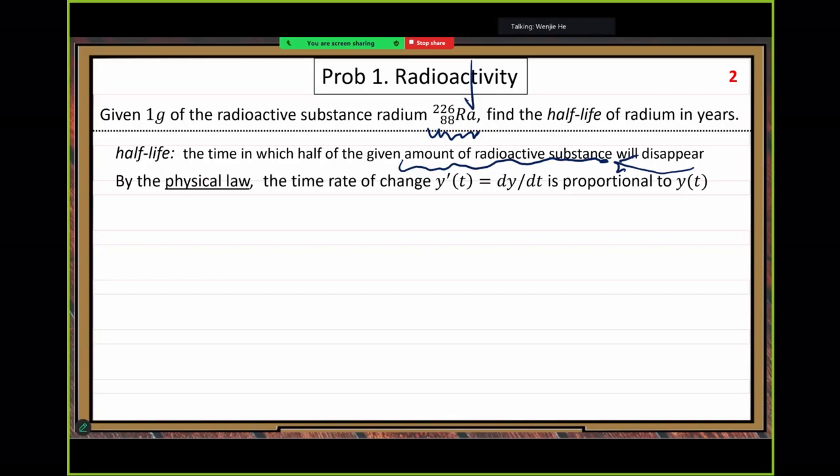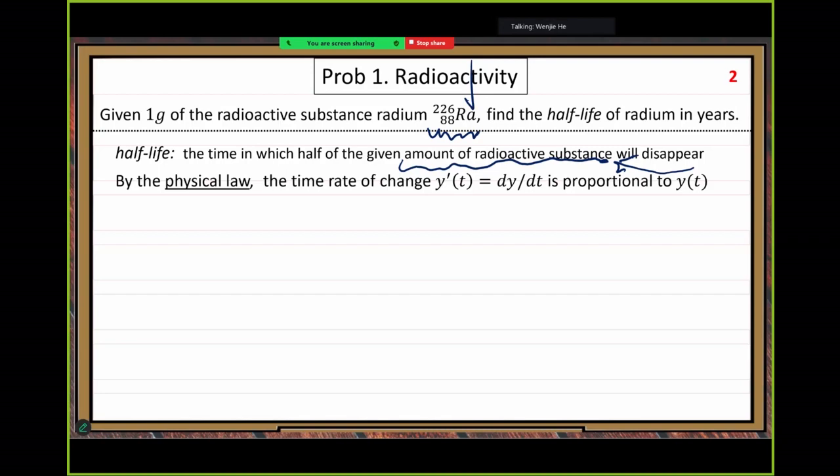That function is a decreasing function, right? It keeps reducing. At the beginning, it is 1 gram. Then, after a certain amount of time, it becomes 0.5 gram. We need to find that y function.